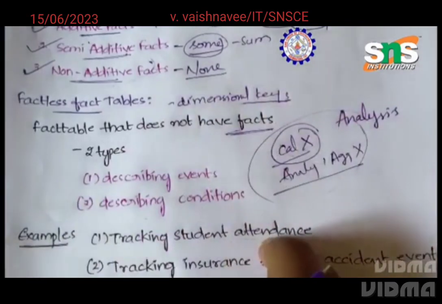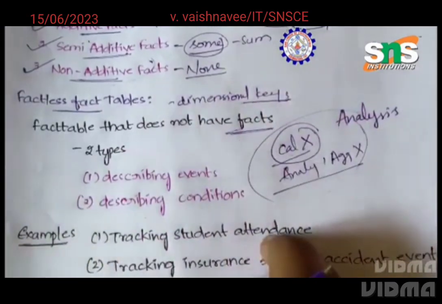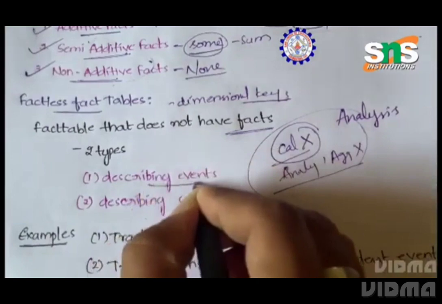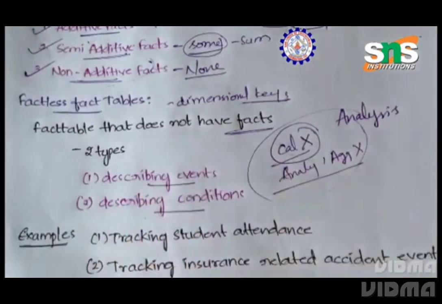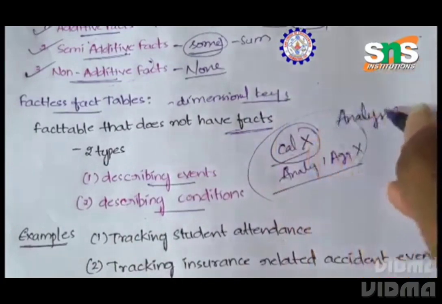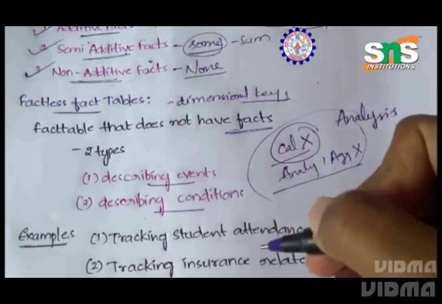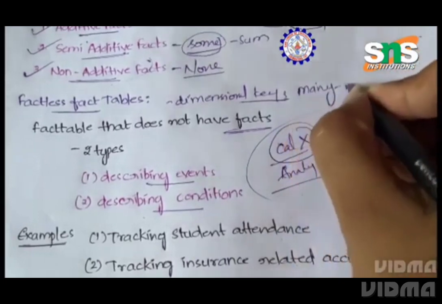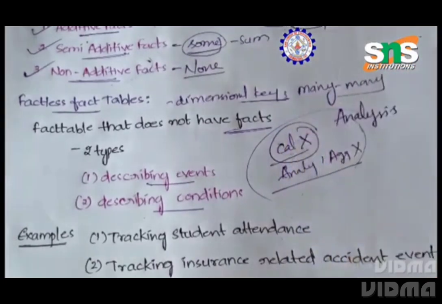Okay, very simple. Now, we have two types of factless fact tables actually, which will describe the events and which will describe the conditions. Along with the dimensional keys and analysis information, it will also have many to many relationships, but not numeric facts.